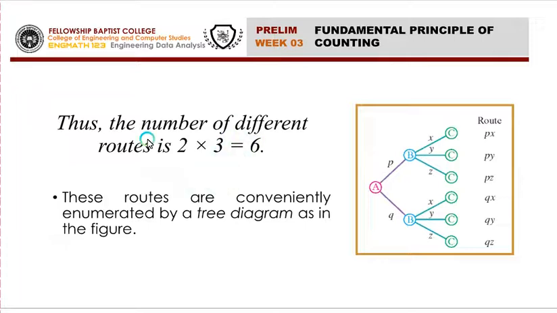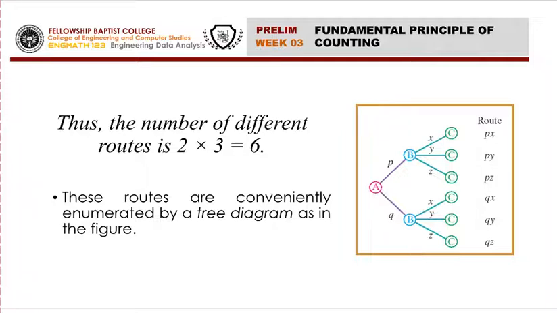Okay, so you choose either P or Q in the first part, and then you have to choose whether you will choose X, Y, or Z path or road in your second stage. So that means we could either have PX, PY, PZ, or QX, QY, or QZ. If we count by listing all the possibilities of routes we could have, then we will have 1, 2, 3, 4, 5, 6.